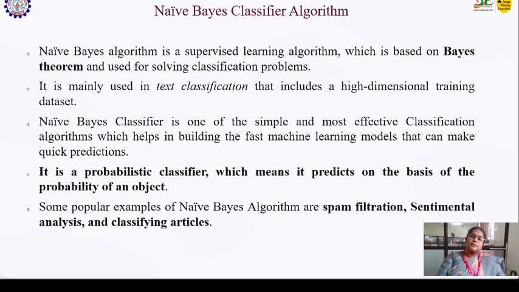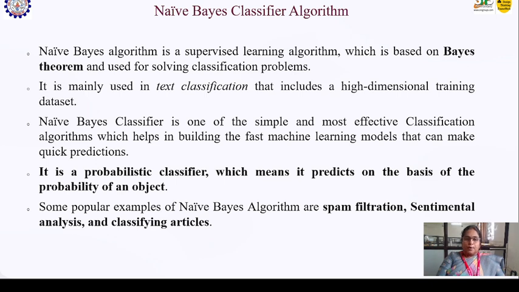So what kind of classification? It classifies text, which includes high dimensional data sets, high dimensional training data sets. So mainly for text classification, we go for the naive-Bayes classifier algorithm. It's one of the simplest and easiest algorithms for classification, which helps in building fast machine learning models that make quick predictions.